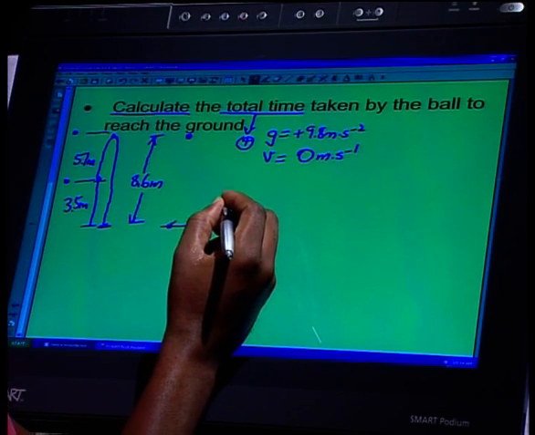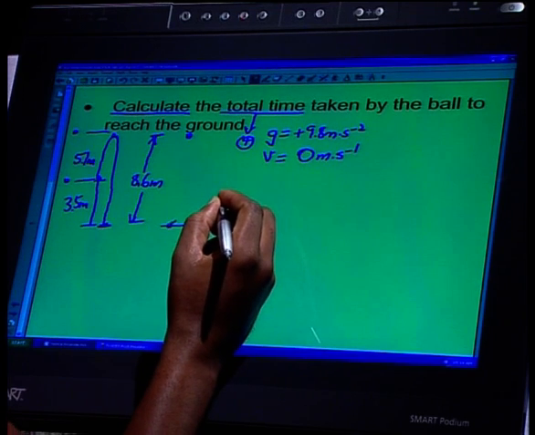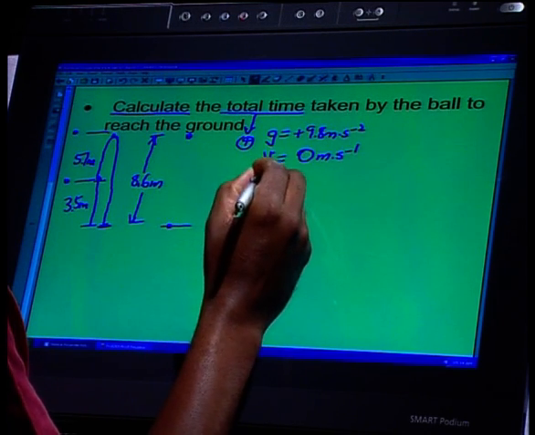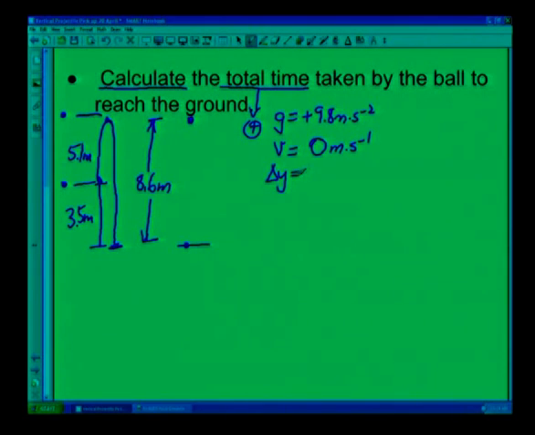And what equation can we use there? With this information, remember, another thing that is given to us now is this height here, delta y. It's 8.6 meters. And we'll take it to be positive as well because the object is moving downwards. So what equation are we going to use?